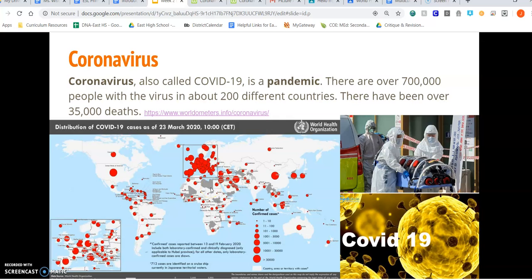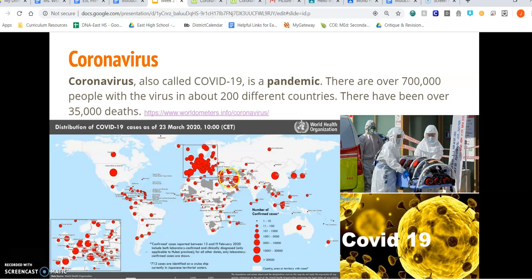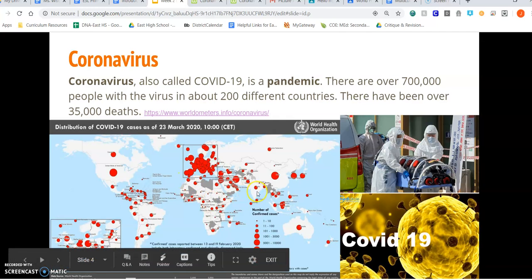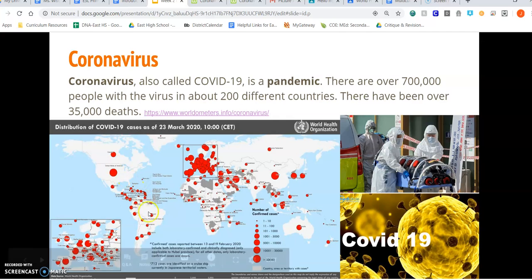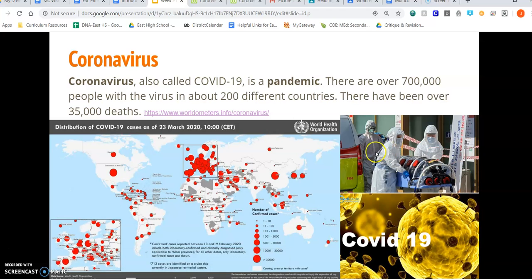So if we look at my presentation on this, we can see that I have a map here of where it has spread around the world. We can see it's a pandemic because it is definitely in more than 2 different countries and in several different regions. It is on all 7 continents: North America, South America, Europe, Africa, Asia, Australia, and, well, I guess it's not in Antarctica, so we can't say it's in all 7, but it's in 6.